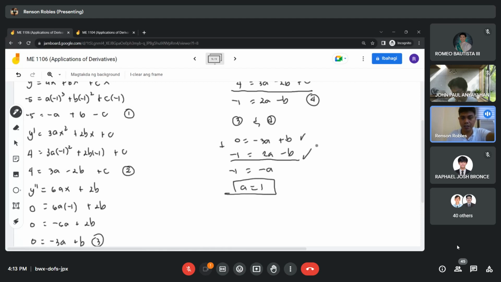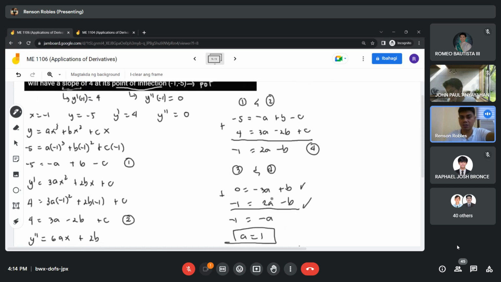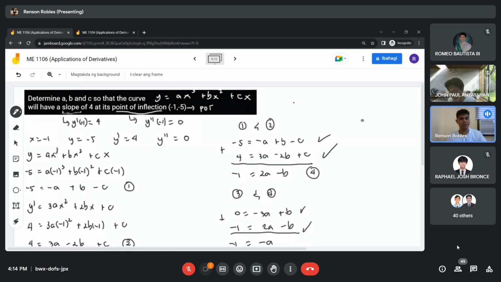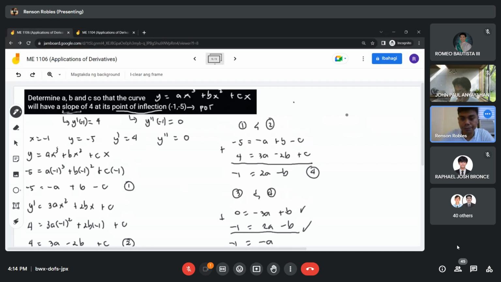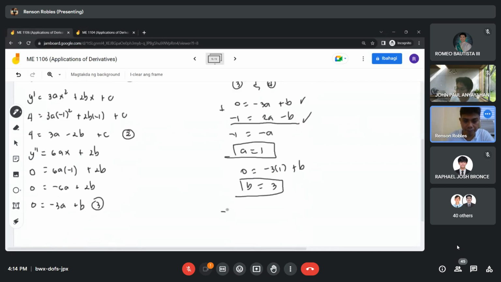And then using any of these, you substitute a to get b. 0 equals -3a plus b. Yeah, b is 3. Okay? You have a equals 1, b equals 3, and then you can use any of the equations to solve for c. Let's just use equation 2: 4 equals 3a minus 2b plus c.